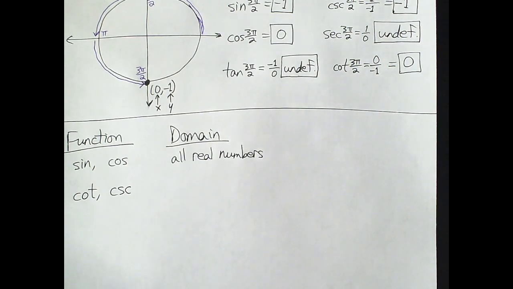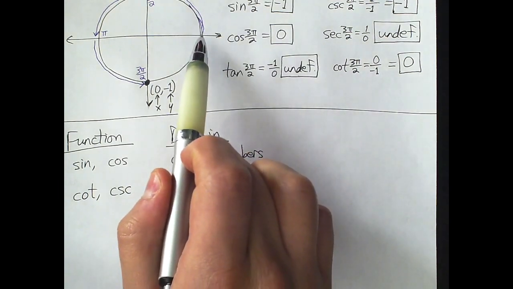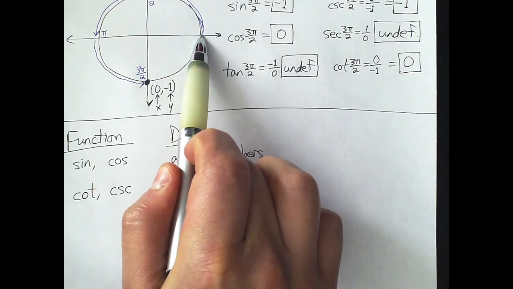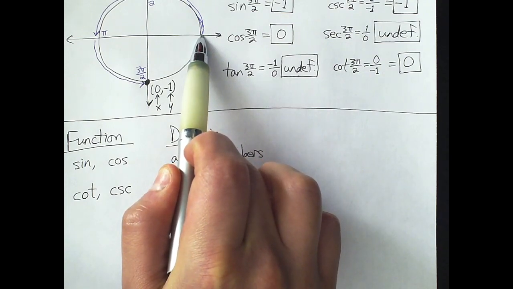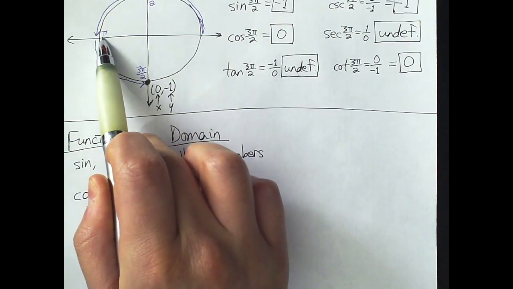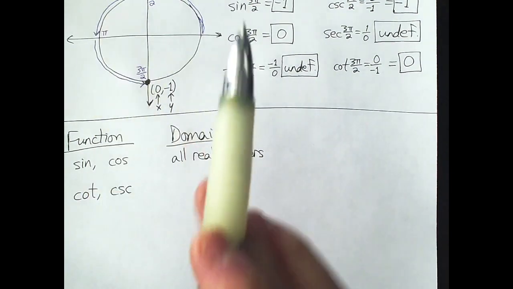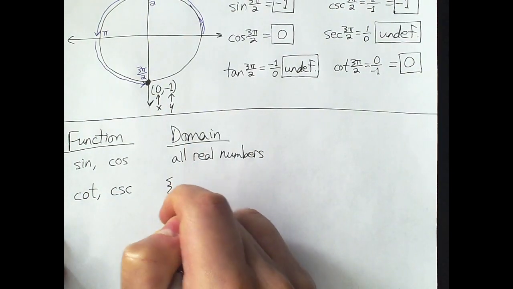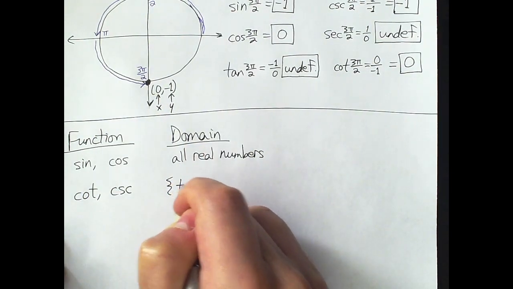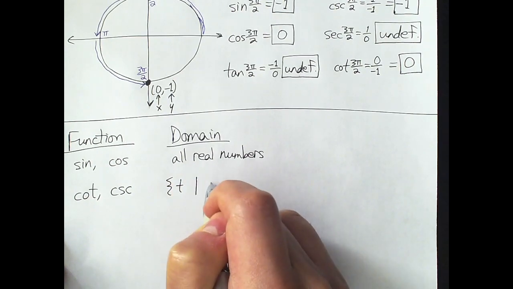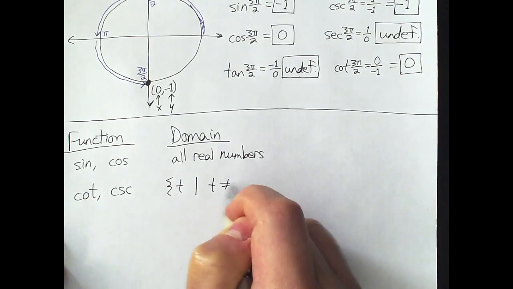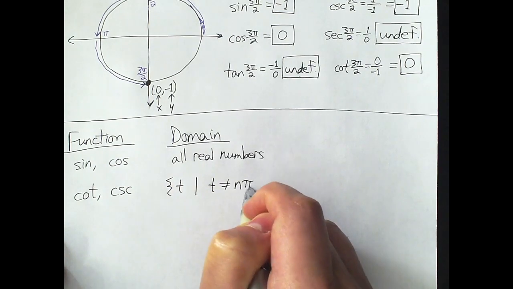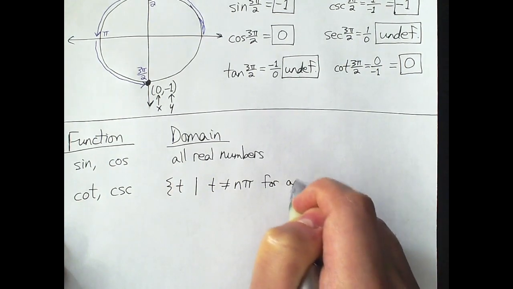Well, when would y be 0? Y would be 0 if we are at this part of the unit circle. Y would be 0 or this part of the unit circle. Y would be 0. So we state the domain to be the set of all t values such that t is not equal to a multiple of pi for any integer n.